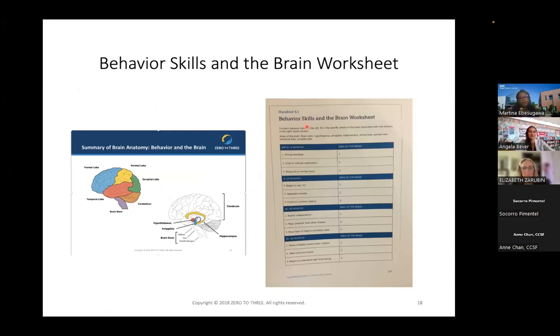And what you're going to do is you're going to look at the different behaviors that you see and try to identify what area of the brain is being affected by that behavior. And it's done by age group. So there's birth to 9 months, 9 to 18 months, 18 to 36 months, and 36 to 60 months.